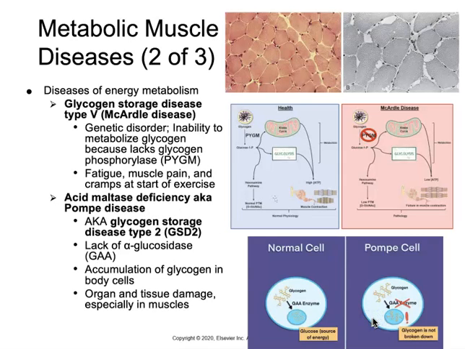So let's talk about some of these diseases of energy metabolism, starting with glycogen storage disease type 5, also known as McArdle disease that I mentioned earlier. This is a genetic disorder where we have an inability to metabolize glycogen because we lack glycogen phosphorylase, or PYGM.